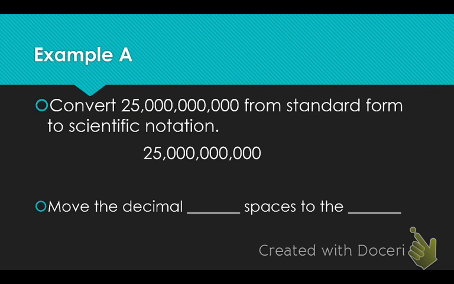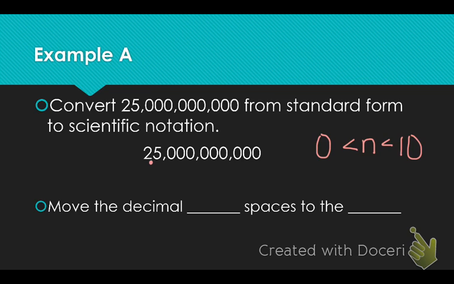In example A, we're going to convert 25 billion from standard form to scientific notation. So I need to figure out where to move my decimal. And that answer is always to make our number between 0 and 10. So our number, remember, has to be greater than 0, but less than 10. So I'm going to make it 2.5.